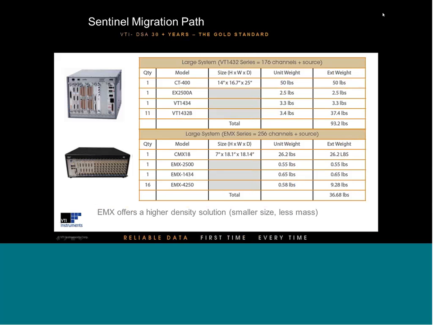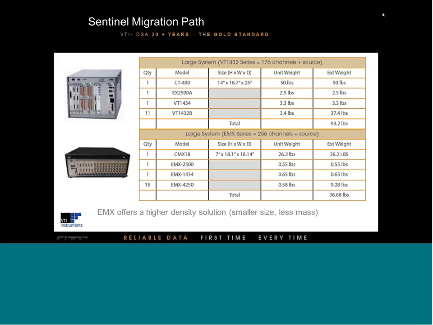Here you get a comparison. I've got a standard VXI 13-slot chassis, and if I put in one source card, the VT1434, and then load up 11 of the input cards, you'll see that I've got a solution that, for 176 total channels, weighs almost 100 pounds.